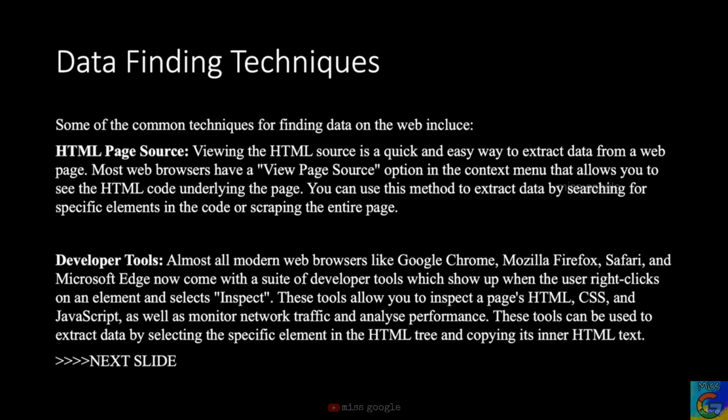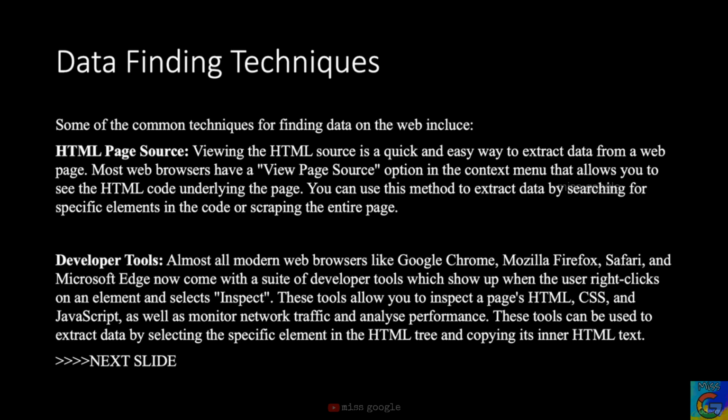These tools allow you to inspect the page's HTML, CSS, and JavaScript, as well as monitoring network traffic and analyzing performance. These tools can be used to extract data by selecting the specific element in the HTML tree, as well as copying any inner HTML text.